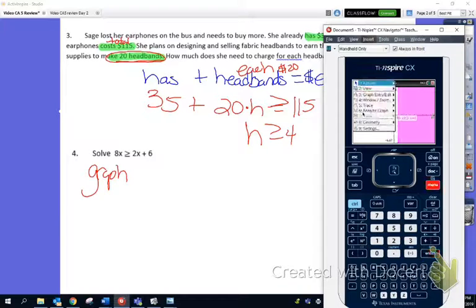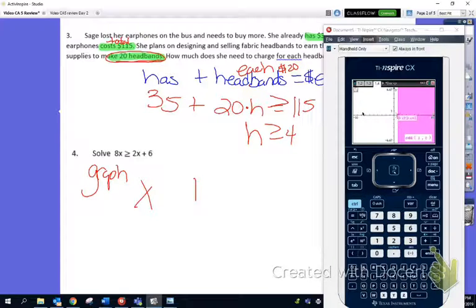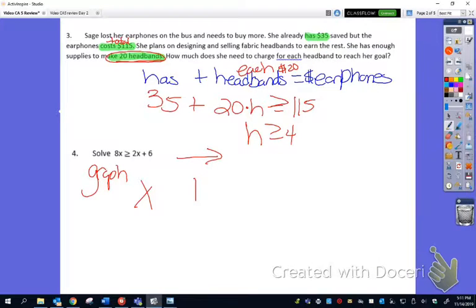And then do menu 5-1, and you've got the answer of 1. So you've got x and you've got 1. Notice it's shaded this way. So if it's shaded that way, remember that you're going to use this inequality right there. Okay, and since there's a line, I put a line underneath it. So greater than or equal to 1.